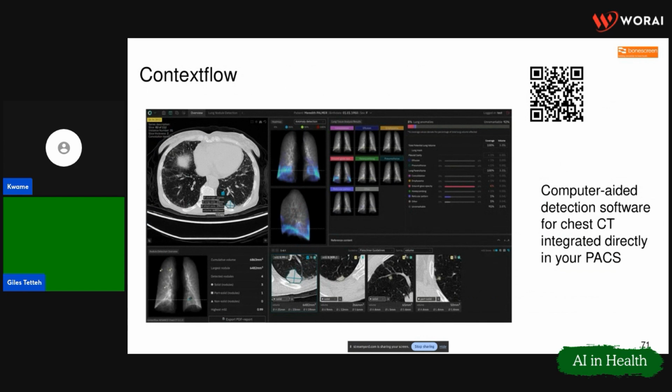Then I also pick one startup called Context Flow. And here I only speak briefly about what they do. So basically they have software for chest CT, and this integrates directly into the hospital system.